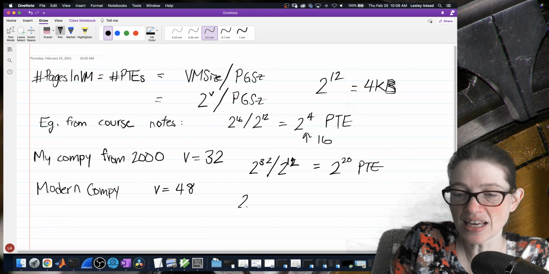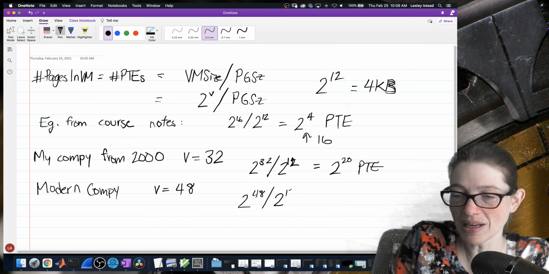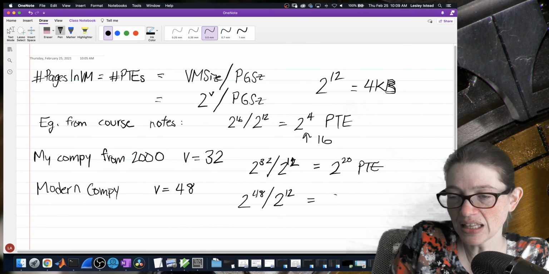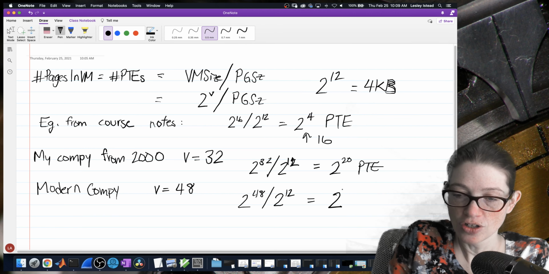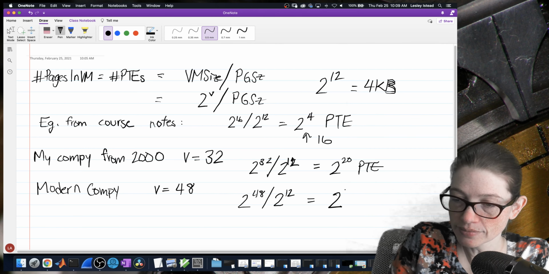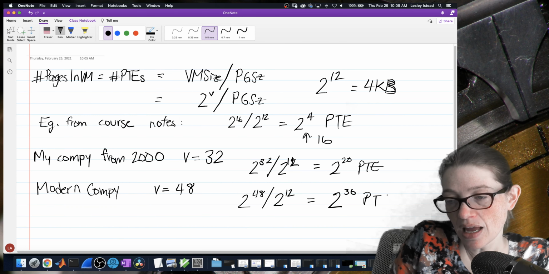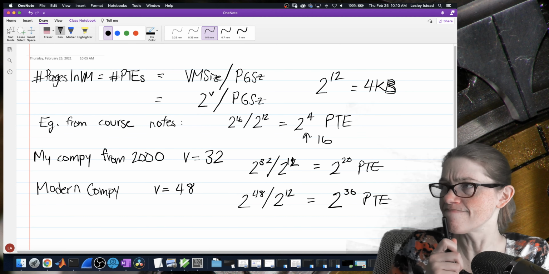So that is 2 to the 48, and we still typically use 4 kilobytes for page size. So that leaves 2 to the power of 36 page table entries.